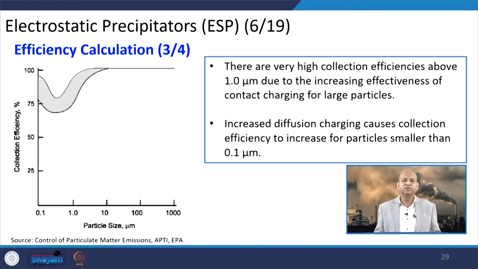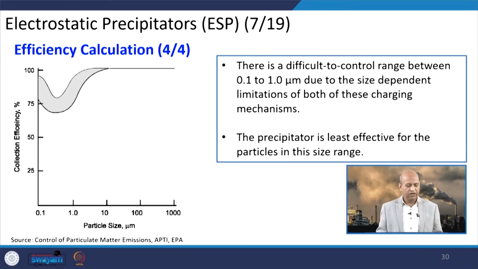Again, if we look at collection efficiency for different particle sizes, there is very high collection efficiency above 1 micrometer for these electrostatic precipitators. But increased diffusion charging causes collection efficiency to increase for particles even smaller than 0.1 micrometer, as we have seen in bag filter or fabric filter devices.